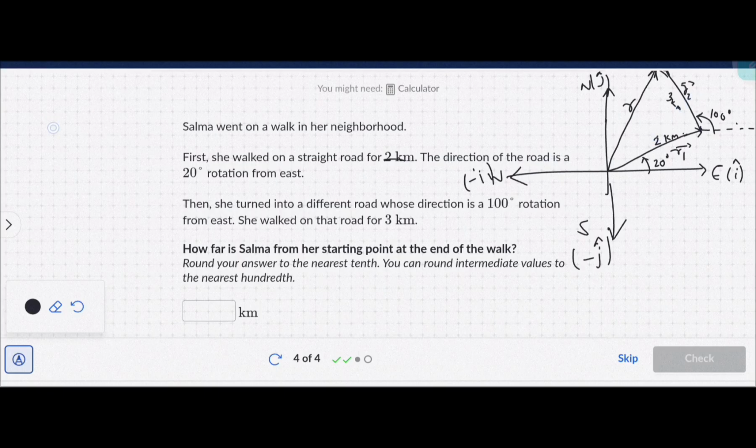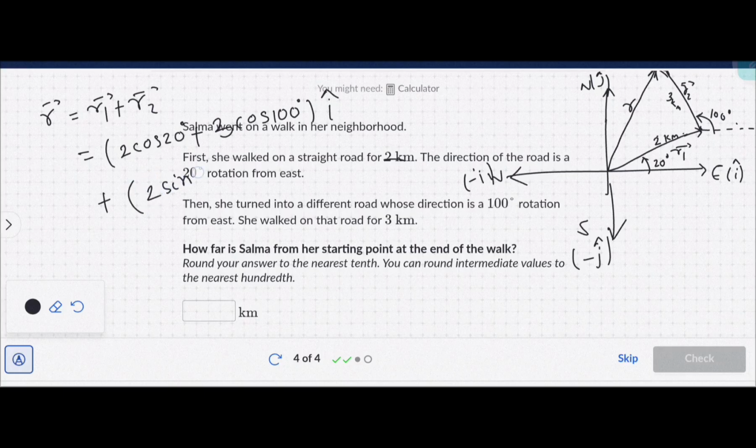This is the resultant, R equals R1 plus R2. What is R1? Let's write it: (2 cos 20 degree plus 3 cos 100 degree) I cap, plus (2 sin 20 degree plus 3 sin 100 degree) J cap.